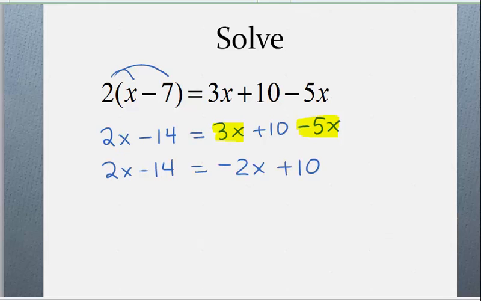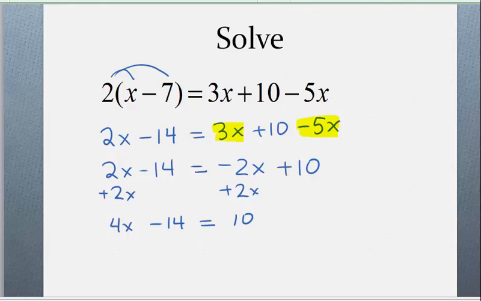At this point, I'm back to the type of equation that we've already worked, where you just want to move your variables to one side and your constant terms to the other. So I'm going to add 2x to get my variables on the left. That's going to give me 4x minus 14. And on the right side, I'm going to have a 10.